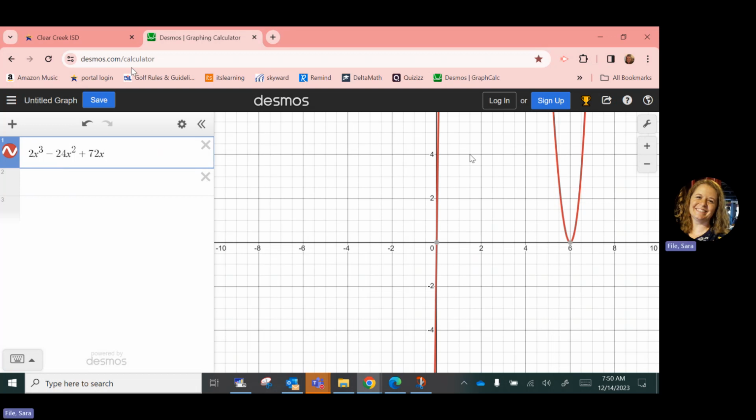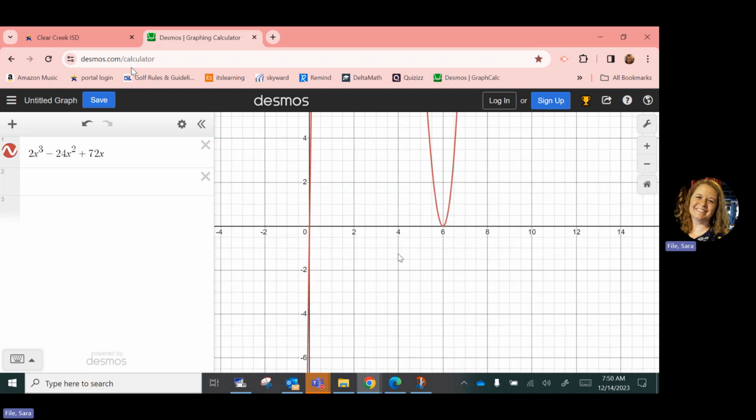you can see your zeros or solutions or x-intercepts. The point of finding the factors is to find your zeros. Here I can see I cross the x-axis at 6, when x is 6, and then here when x is 0.